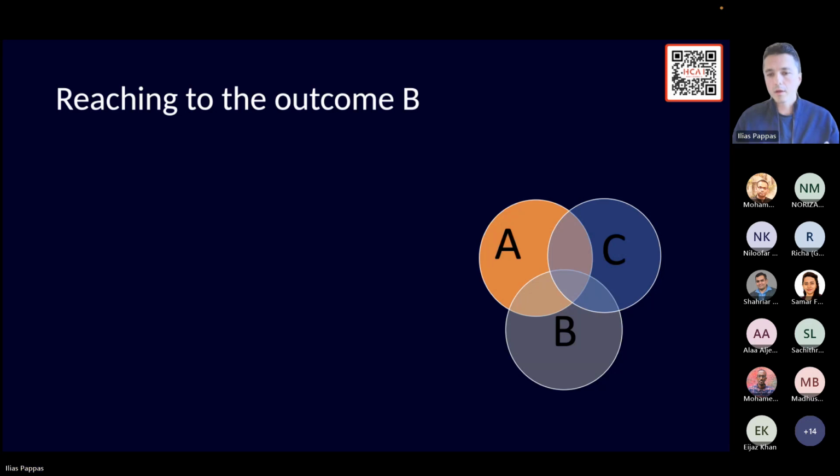Outcome B occurs, if we look at the overlaps, when A and C are present. So the area where A and C overlap explains outcome B, but outcome B also occurs when A is there, a different part of B, also when C, but also when neither are there, because those are different parts of B.